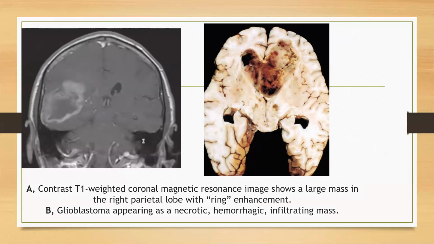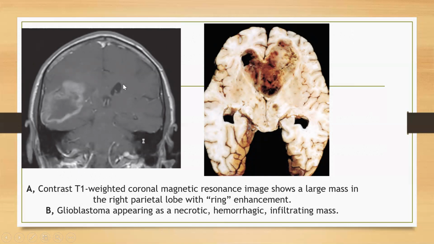You can see here, a contrast T1 weighted coronal MRI image shows a large mass in the right parietal lobe with ring enhancement. This is glioblastoma. What do you mean by T1 weighted? Do you remember from anatomy?